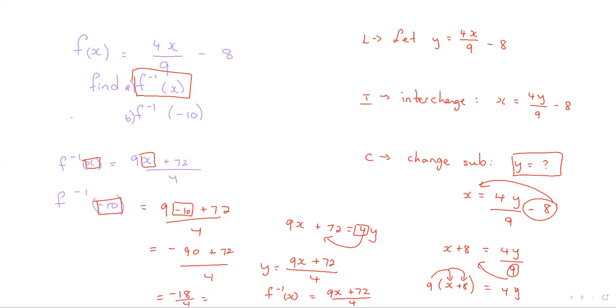Then 4 could go into 18 4 times. Right, that's 16. And 2 over 4, or in other words, because the 2 over 4 could be reduced to a half, it's going to be negative 4 and a half.